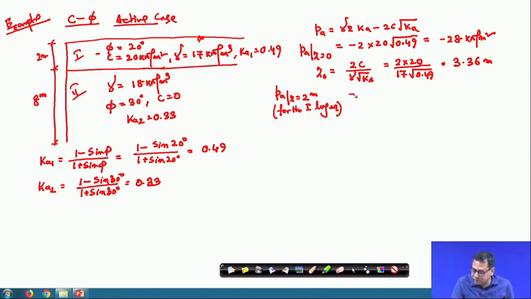So, Z equal to 2 for the first layer, it will be gamma is 17, Z is 2, K is 0.49 minus 2 into 20 into root 0.49. Okay. So, this is equal to minus 11.34 kilonewton per meter square.